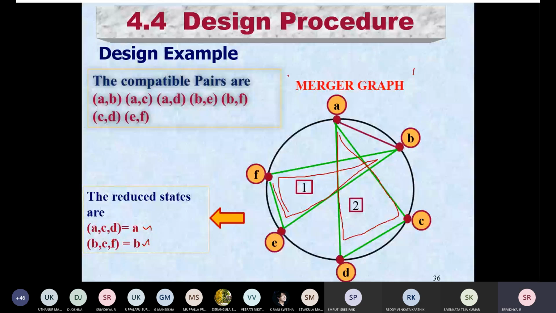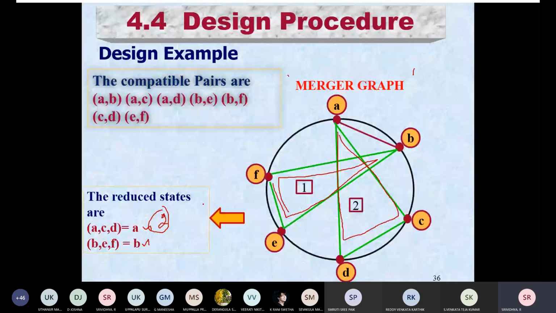Okay, I'm proceeding. I've reduced my 6 states to 2 states. This is my aim.